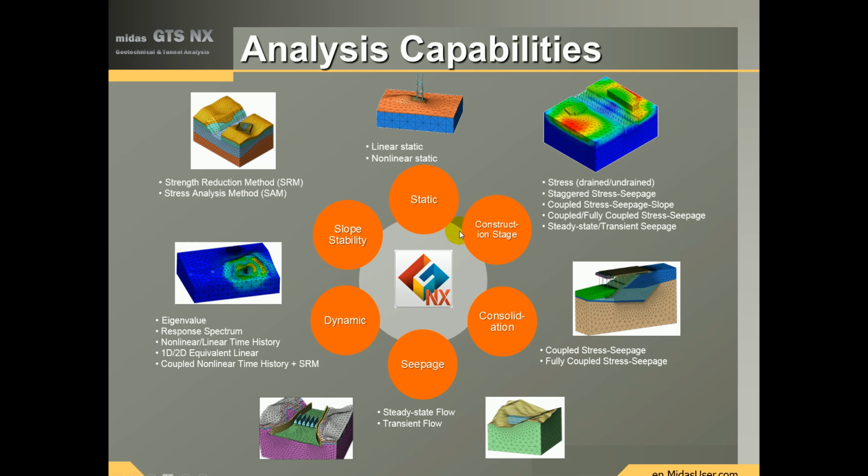You can perform elastoplastic, drained or undrained, staggered, coupled and fully coupled stress-seepage analysis based on excess or total pore water pressures, strength reduction method and stress analysis method, analysis for the auto calculation of factors of safety for slope stability problems. You can also do earthquake and vibration analysis through linear and non-linear time history analysis.